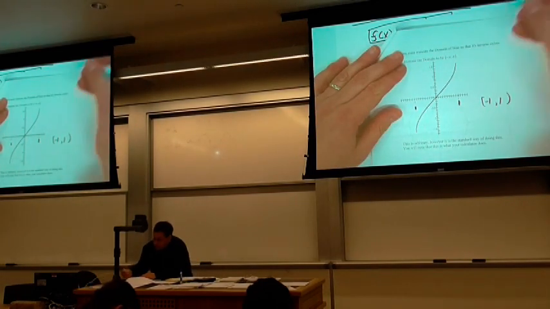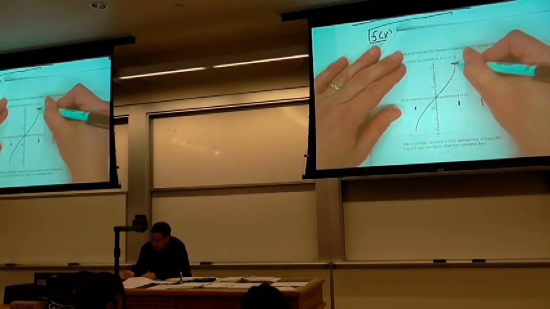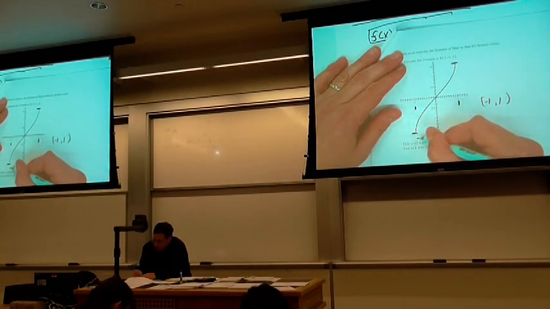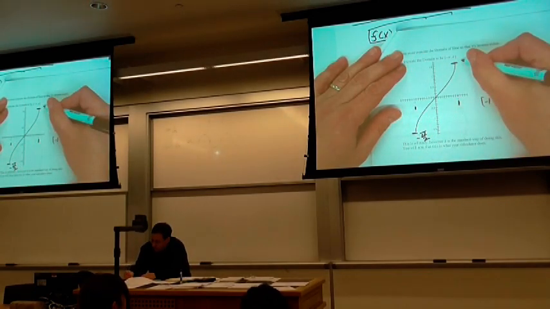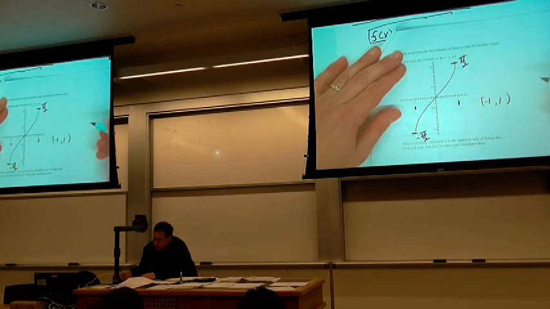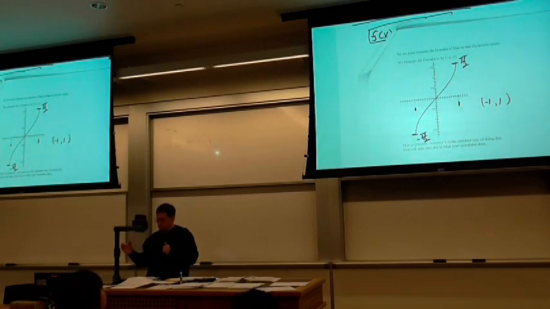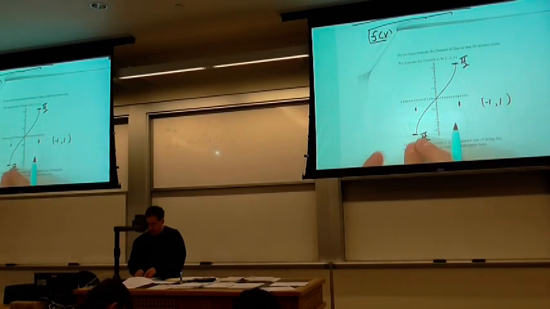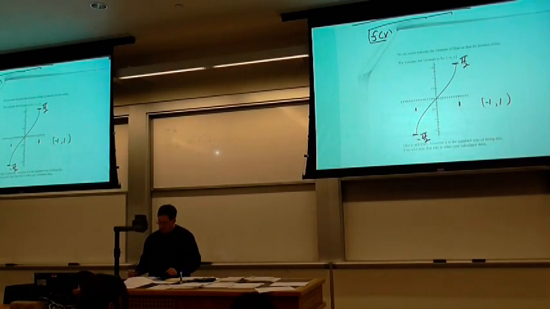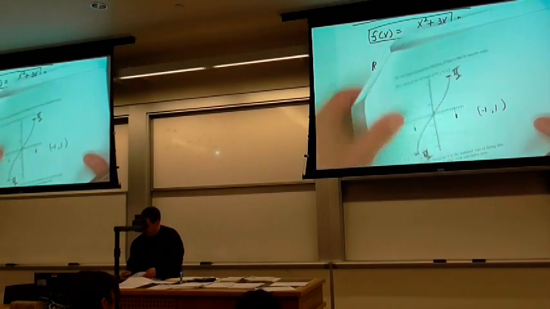And its range goes from minus pi over 2 up to pi over 2. Again, remember we truncated the domain from minus pi over 2 to pi over 2. So now for the inverse function, the ranges and the domains are going to switch on us.